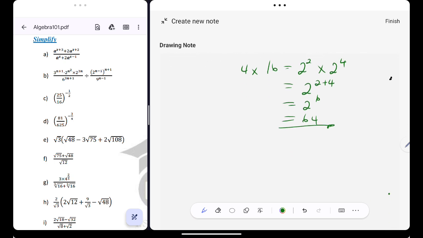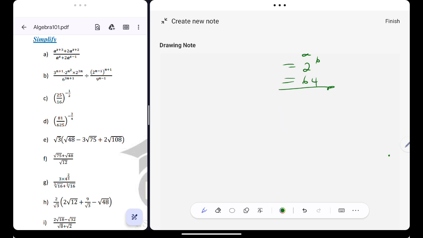Please pause the video for 2 minutes and then do this example on your own. 3 multiplied by 27 without using a calculator. So you have 3 multiplied by 3 to the 3. Whenever you have a number like this, just a 3, know that its exponent is 1.